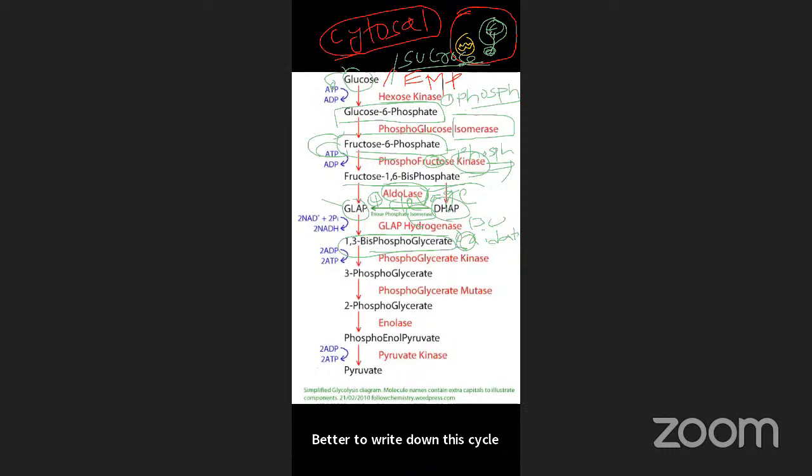Here NAD is converted into NADH2. That means hydrogens are removed from glyceraldehyde 3-phosphate, and NAD is converted into NADH. So this reaction is called an oxidation reaction. Actually, not two, only one NADH forms.